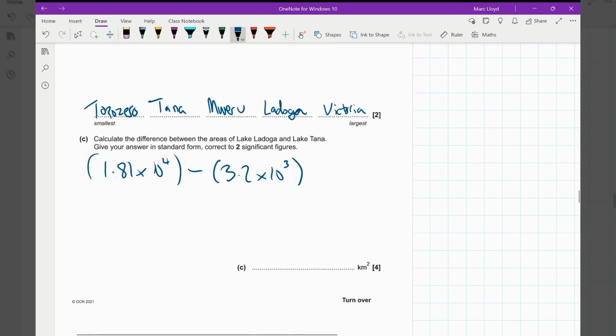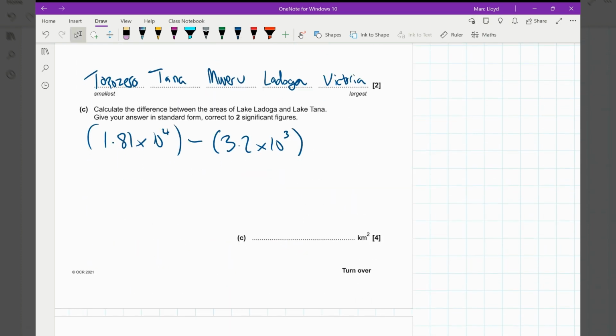Are we good with that? Yes, super. So difference, that is a subtraction. 1.81 times by 10 to the power of 4, and then subtract 3.2 times by 10 to the power of 3. And then we get 14900. And that's all done through my calculator.